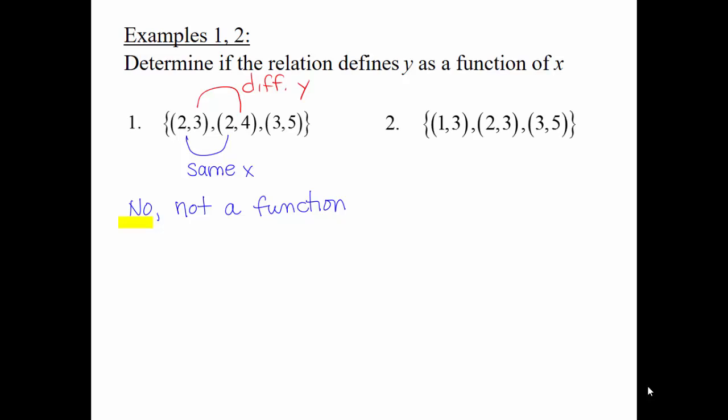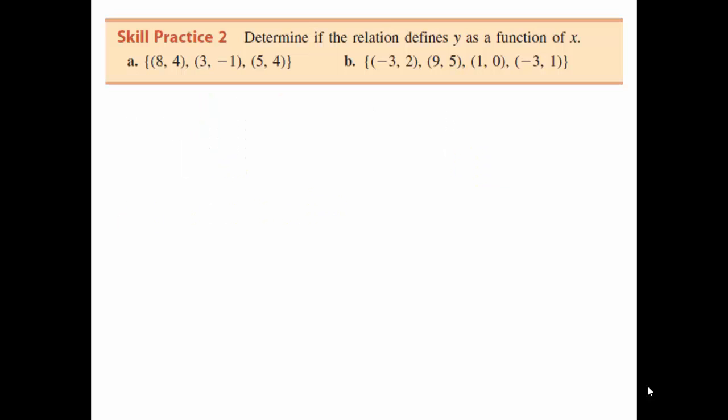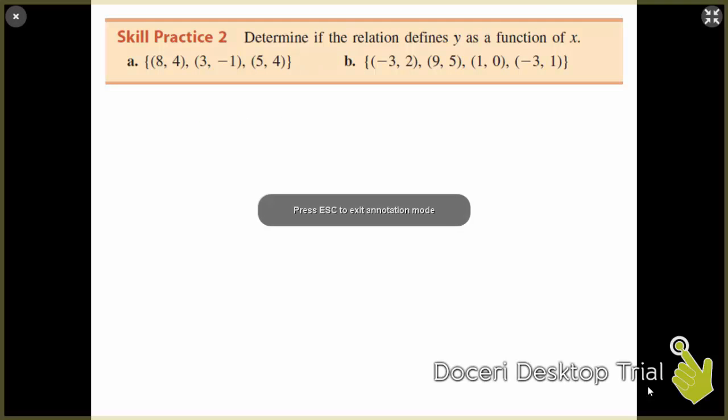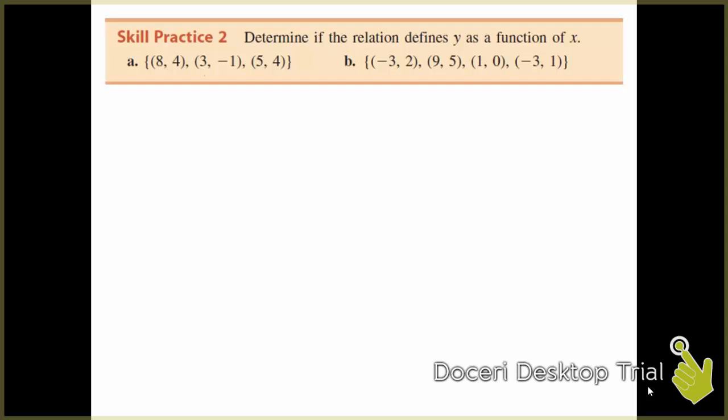Looking at this one, we have all different x's. We do have some of the y's the same, but it doesn't matter. So looking here at these examples, looking only at the x's, we've got an 8, a 3, and a 5 in A. So in A, yes, that one's a function.